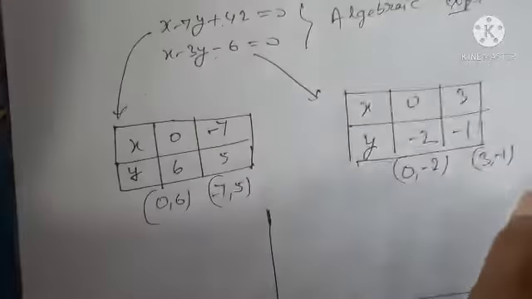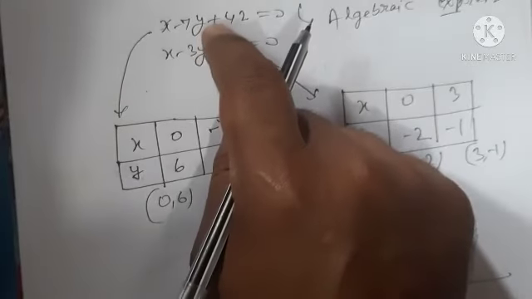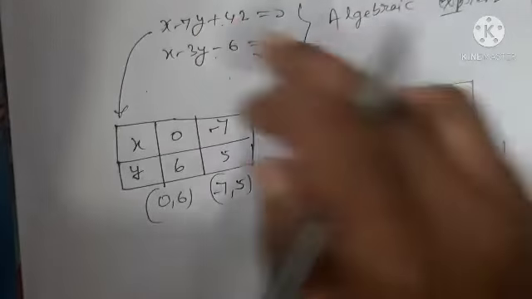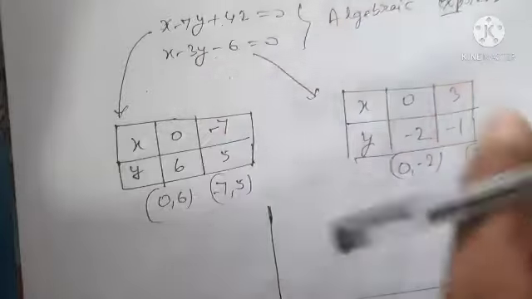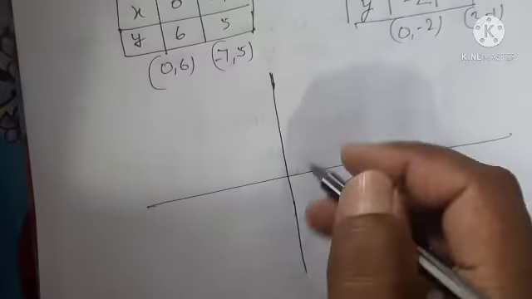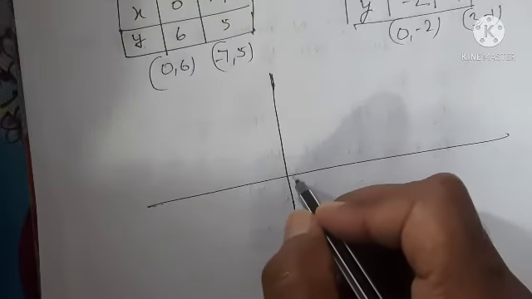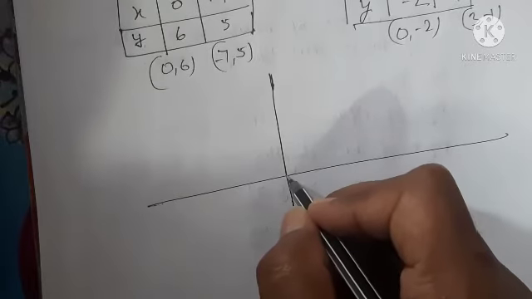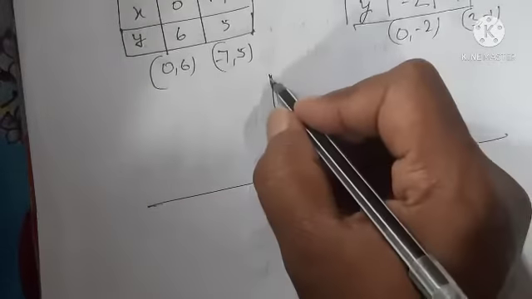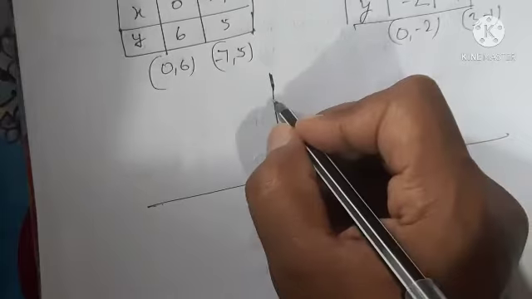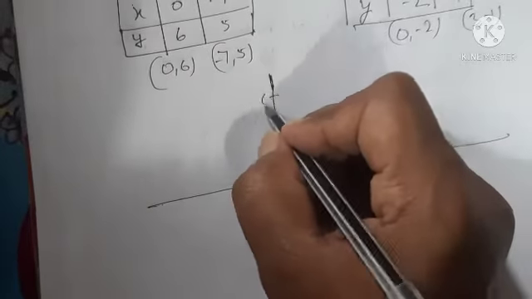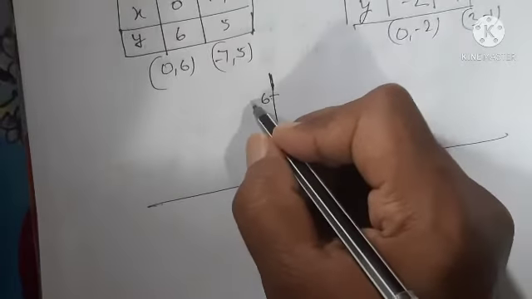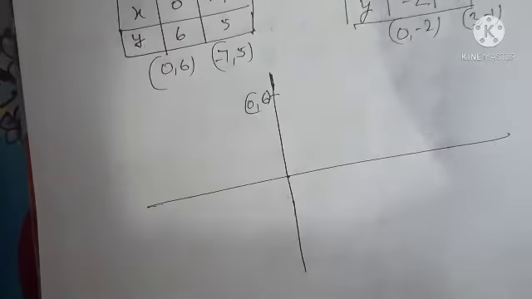We have found 2 points on this line. First draw the graph of this linear equation. Now show the point 0, 6: along x 0 unit, along y 6 unit. Suppose this is 6 unit. Okay, 1, 2, 3, 4, 5, 6. This is point 0, 6.